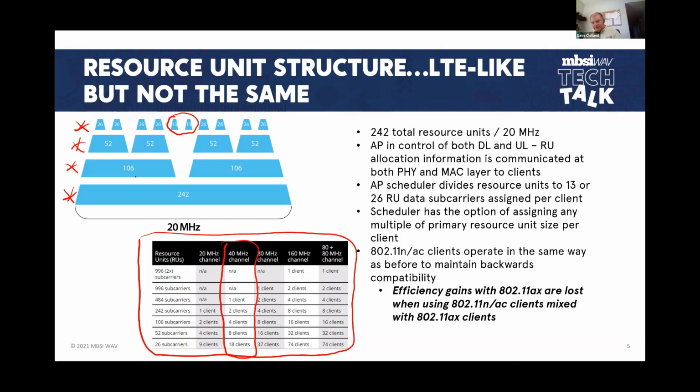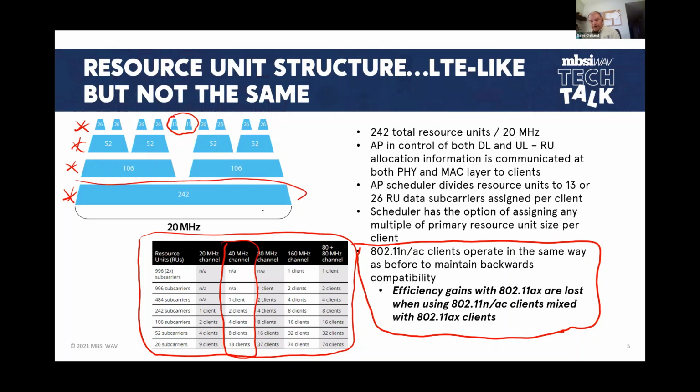But the beauty of this is that with all this mechanism controlling the physical layer, I still can maintain backwards compatibility with my access point. I want to bring out this point: this mechanism allows me to dedicate all of my subcarriers, in this case right here, to an 802.11ac client if I need to.